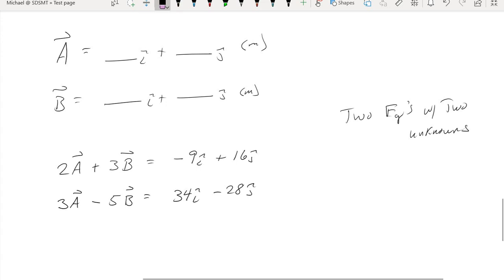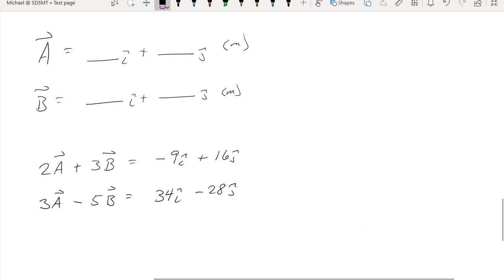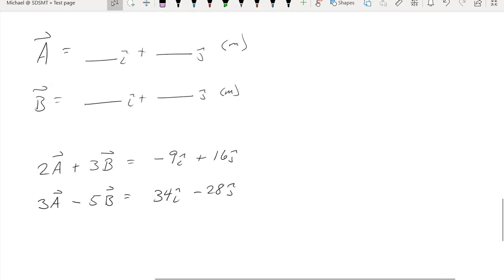Well, we're actually going to solve this using the same algebraic methods that we would use for any other system of equations. I know that I have scalar multiples of my vectors in these equations, and then when they get added together, they're like terms, hence all the i's will combine and all of the j's will combine.